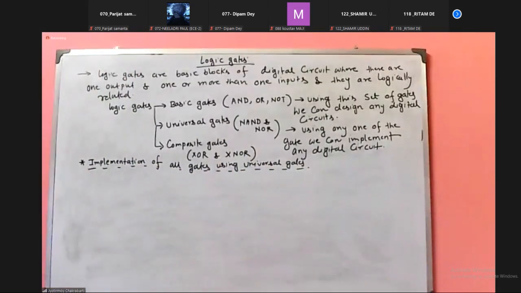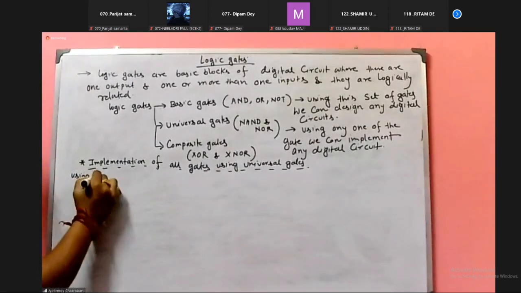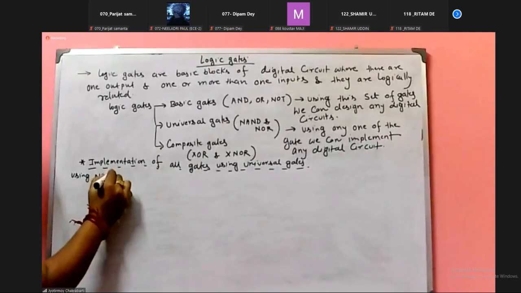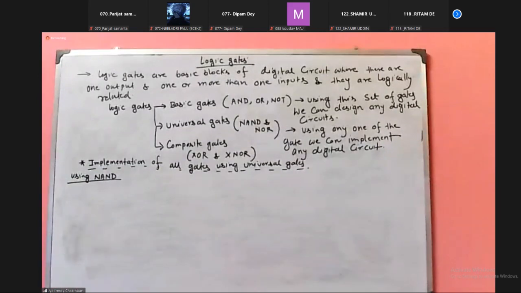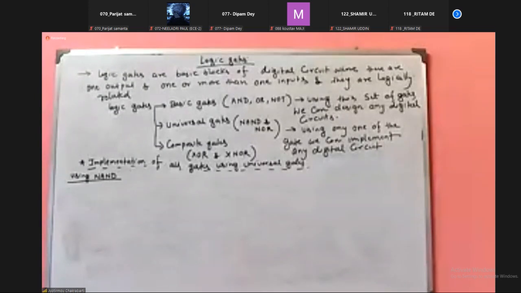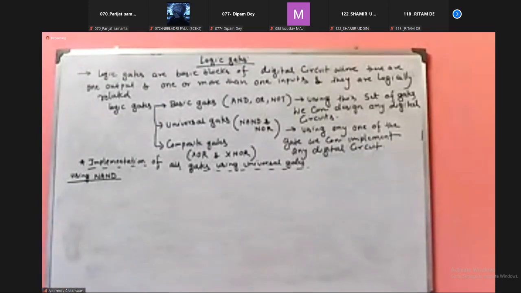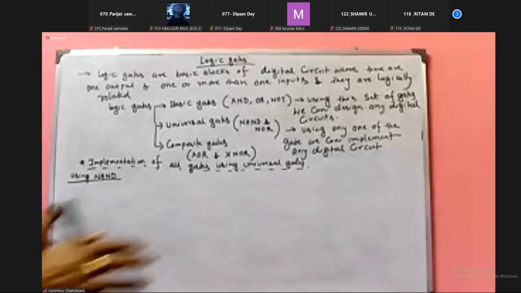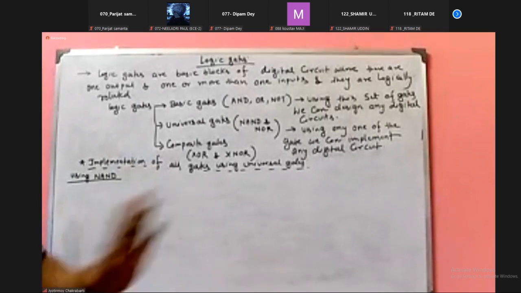First using NAND. These discussions will require Boolean algebra, which will be covered in the next class. Whatever amount is required here, I will tell you.